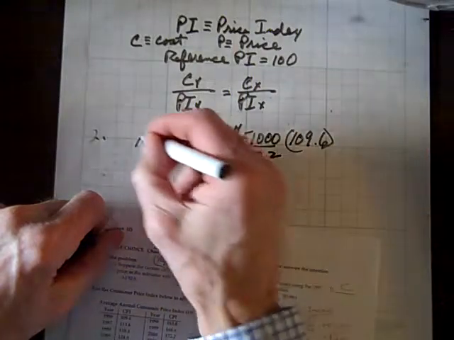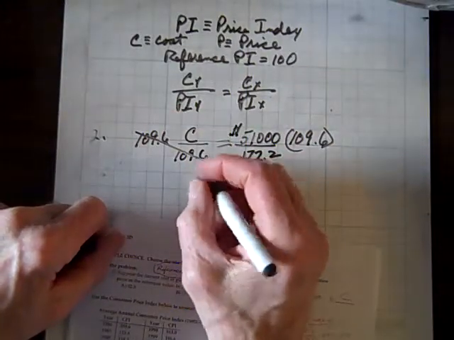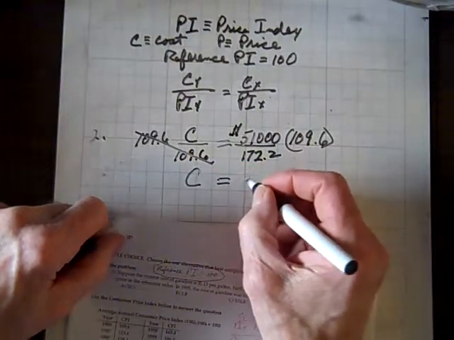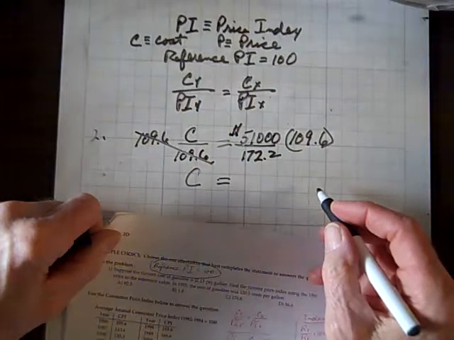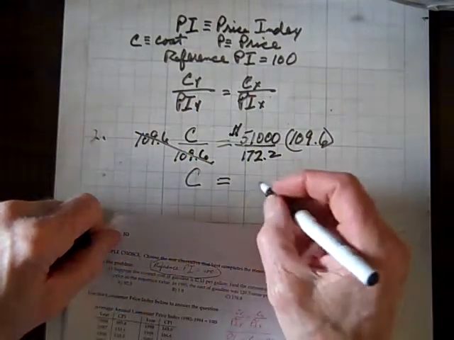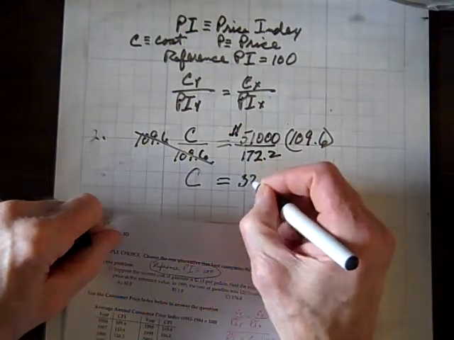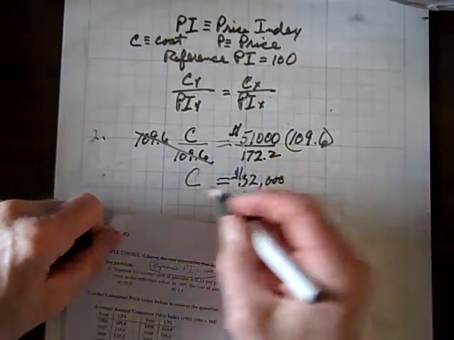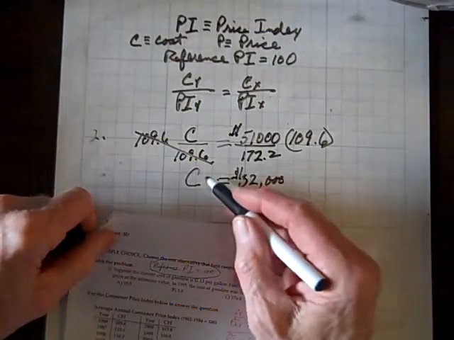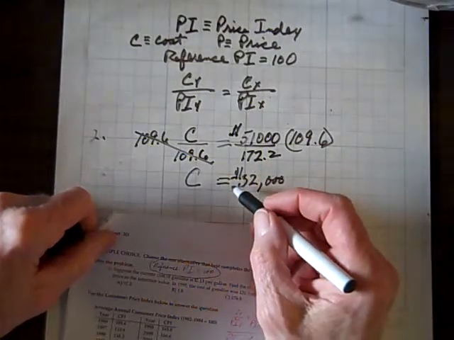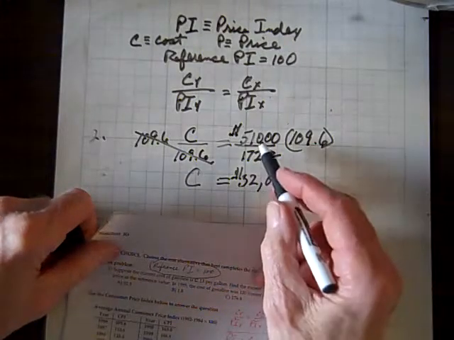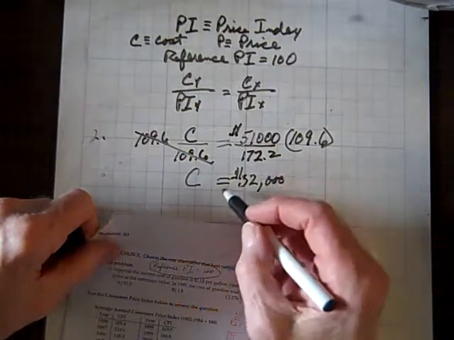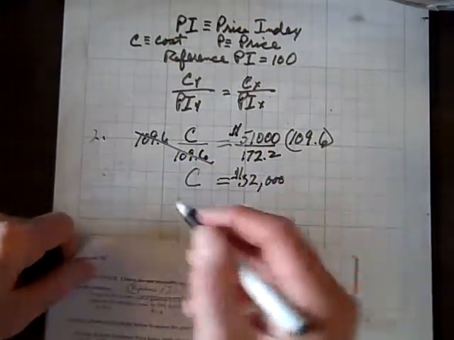And now these identical values divide out on the left, and we've isolated C. And when we find this product, we will have approximately $32,000. And so that's the amount of money we would have had to maintain the same standard of living in 1986 as we did in the year 2000.